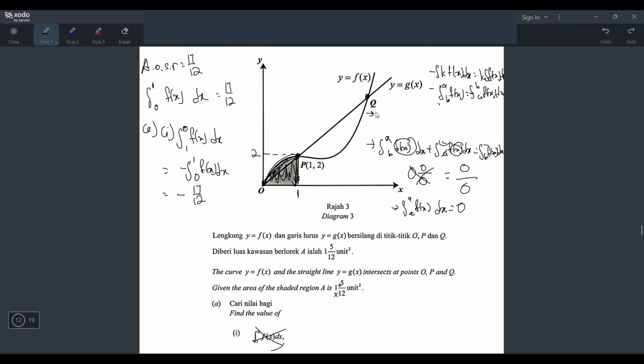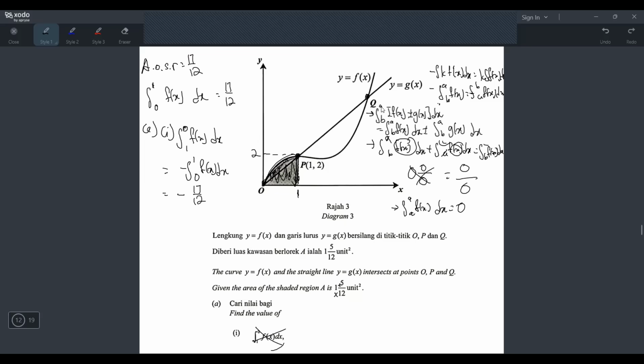When you integrate, say a to b, and here is f(x) plus or minus g(x) dx, you can split this, become integrate a to b f(x) dx plus or minus integrate a to b g(x) dx. This is the property. It means when you have an integral with two terms inside, you can separate it like this. But when you separate it, you have to follow whatever symbol is here. If it's plus, here plus. If here minus, here minus.